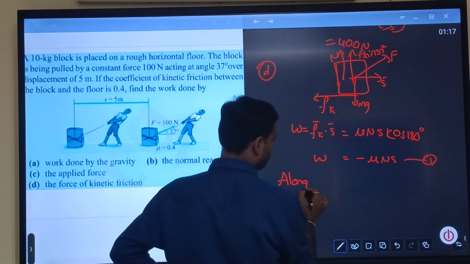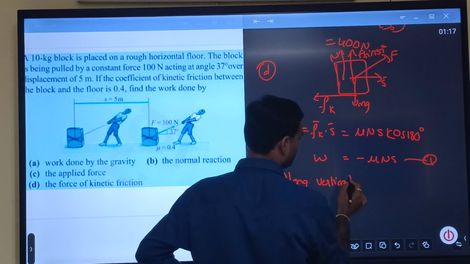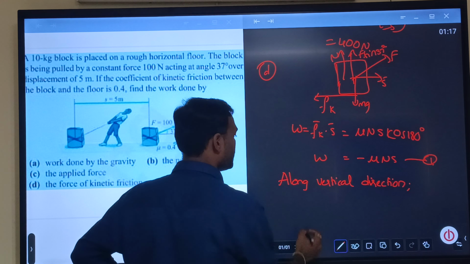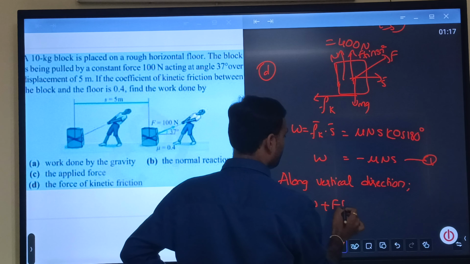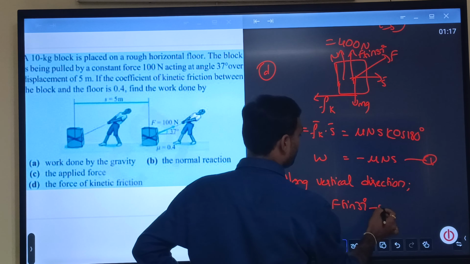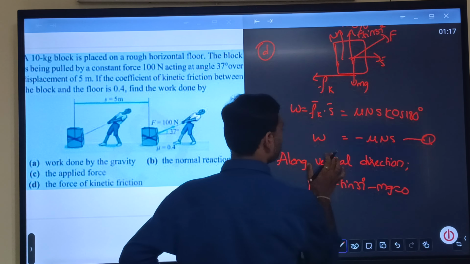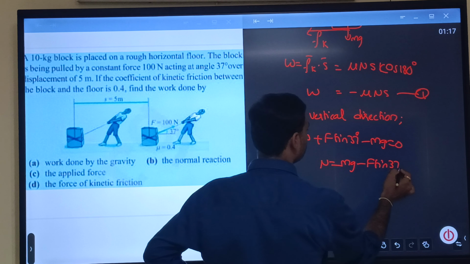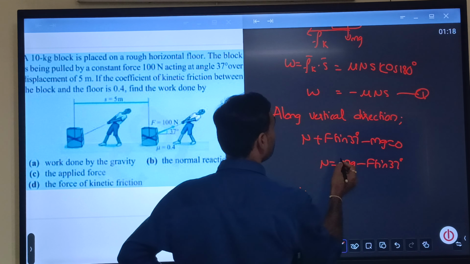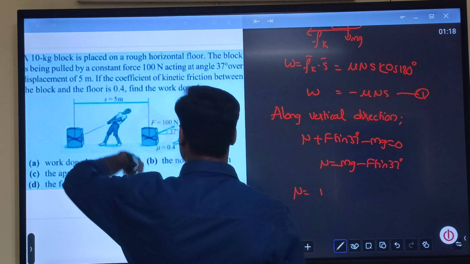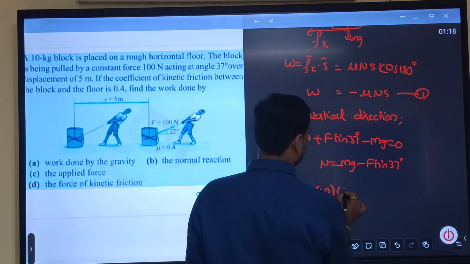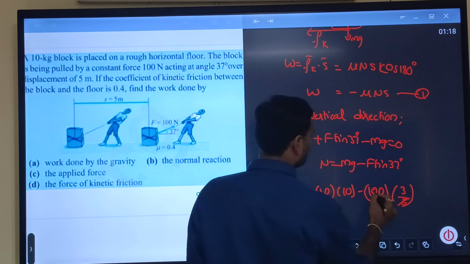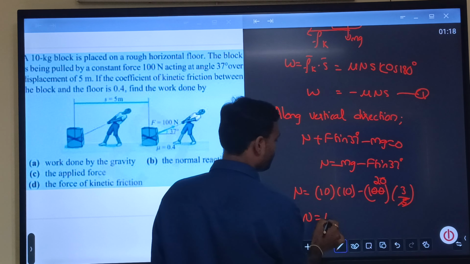Along the vertical direction, N plus F sin 37 minus mg is equal to 0. Then N is equal to mg minus F sin 37. N is equal to, mass is 10 kg, 10 times 10 minus 100 times 3 by 5, that is 60, so N is equal to 40.